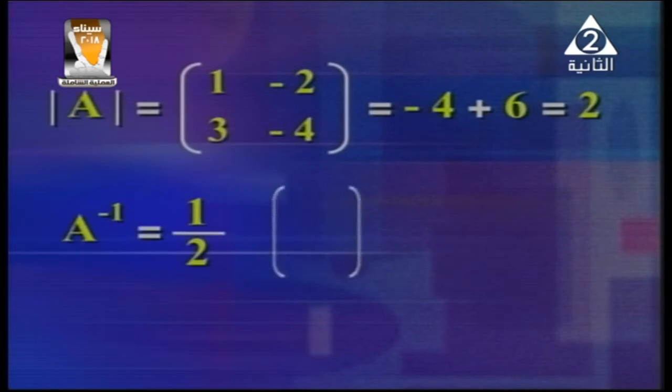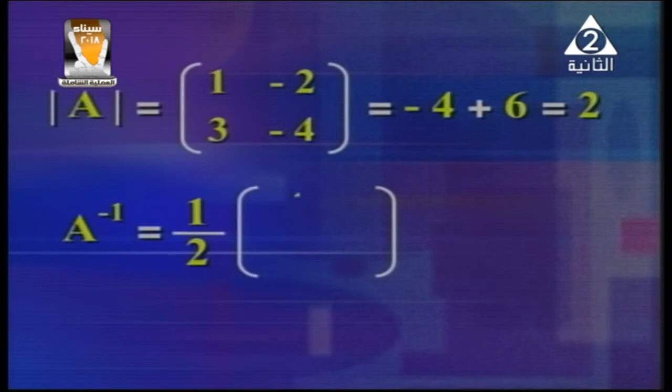Then what is the inverse? 1 over the determinant, 1 over 2, and we replace the elements of the principal diagonal: 1 and negative 4 are swapped, negative 4 and 1.